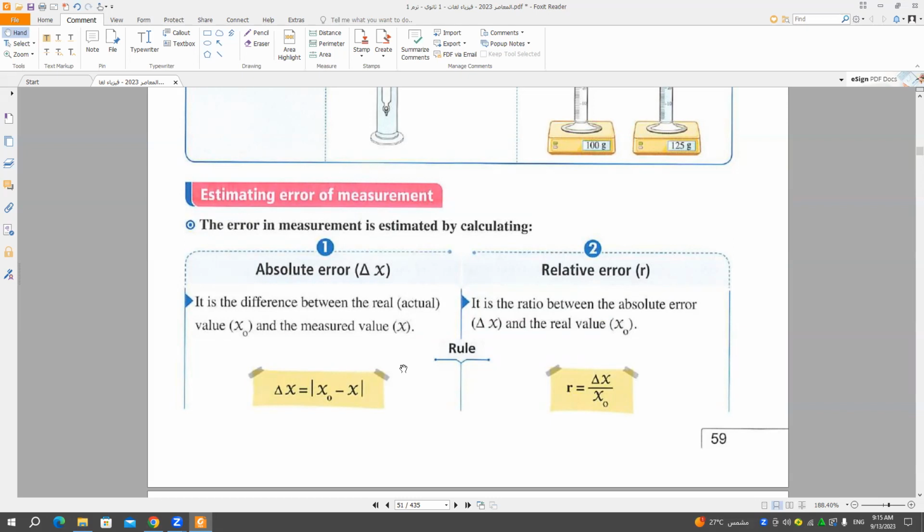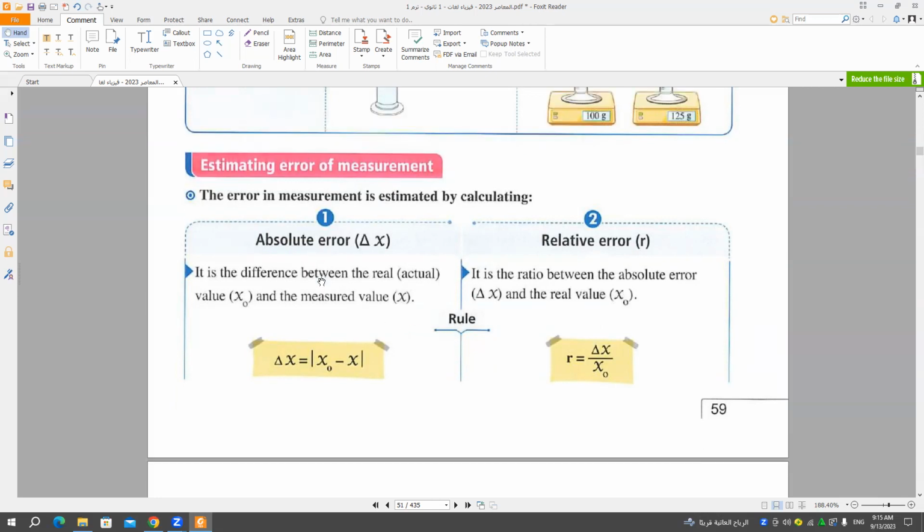The actual value is symbolized by x naught. If you write mass, it will be m naught and m. So delta x is the absolute error of the physical quantity. Relative error is the ratio between the absolute error and the real value. Now we'll talk about the absolute error quantity.